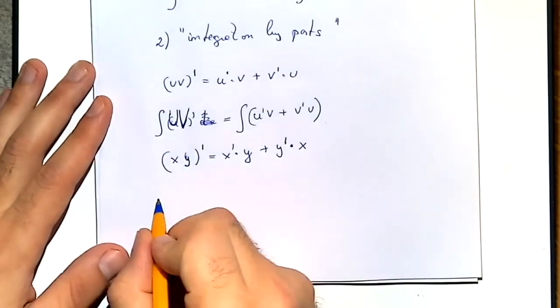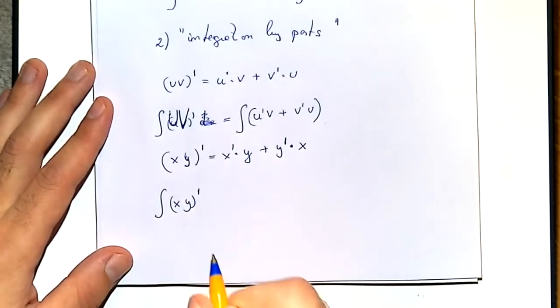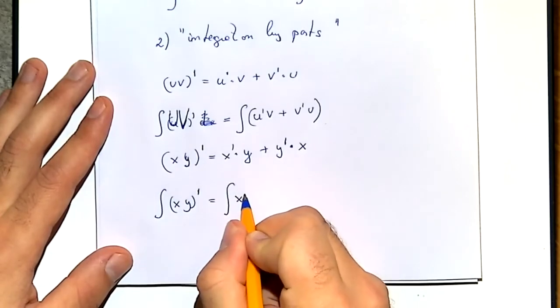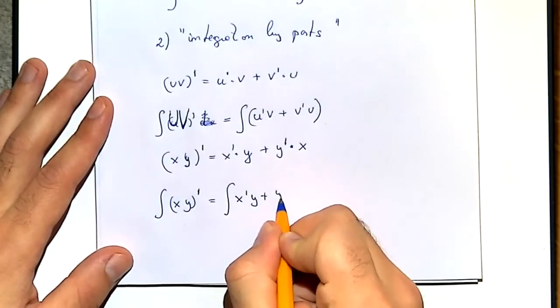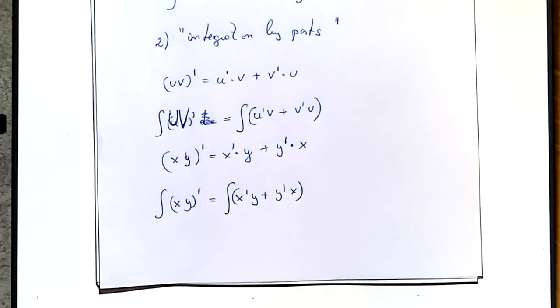Same rule, same thing. And now throw an integral inside: the integral of the derivative of xy equals the integral of x prime y plus y prime x. Now look at this. We don't know much about integration, but what do we know? What can we do here? Well, first of all, let's come back to the definition.